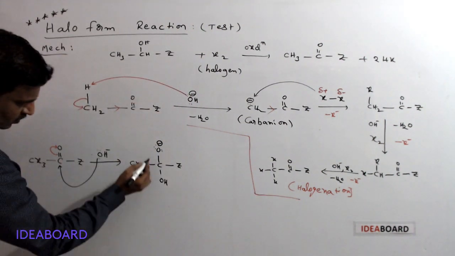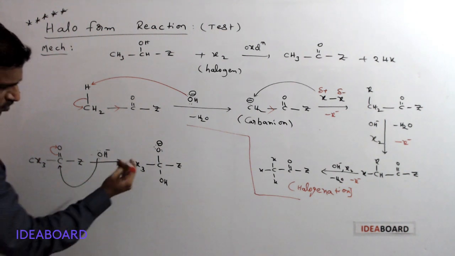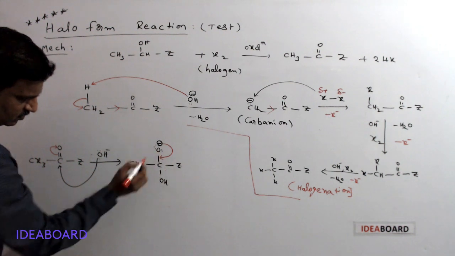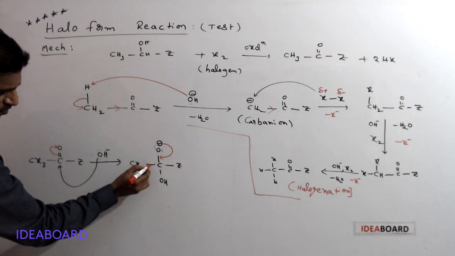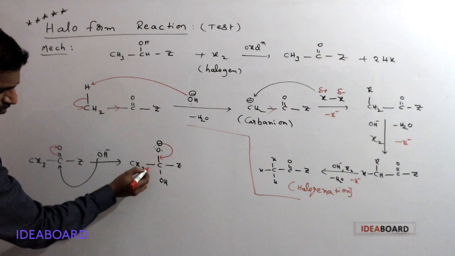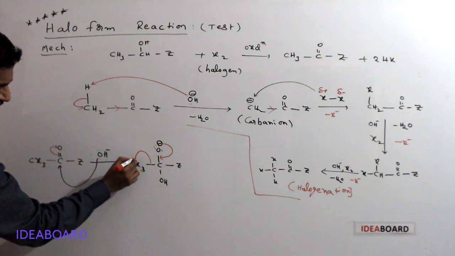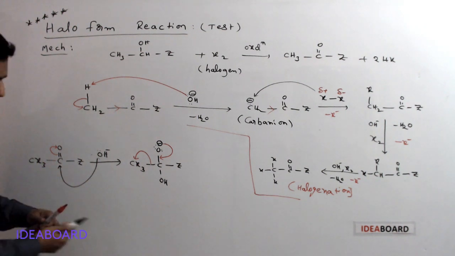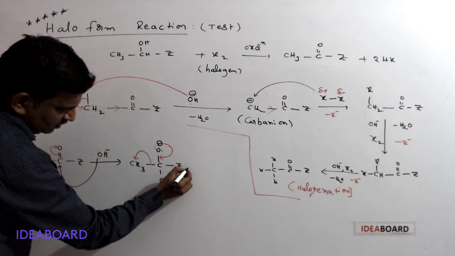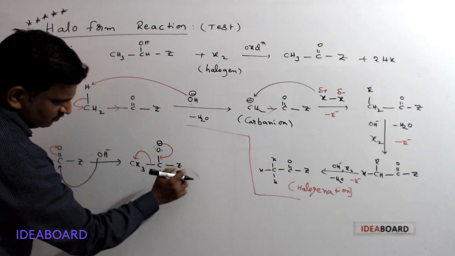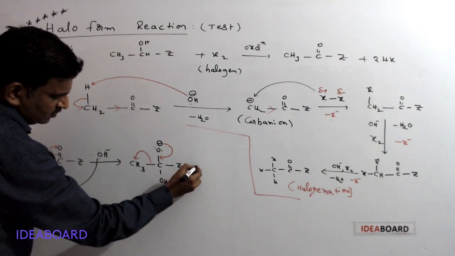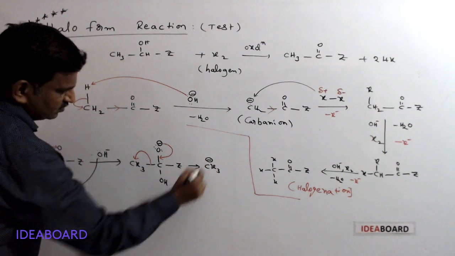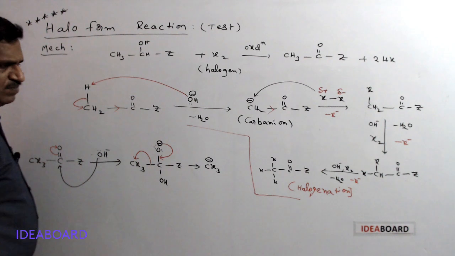Now what happens in this process? In the next step, whenever these lone pair electrons shift, the pi bond electrons shift, or this bond dissociation occurs. The electrons are taken up and CX3 minus is released. So it is released as CX3 minus plus the remaining compound.